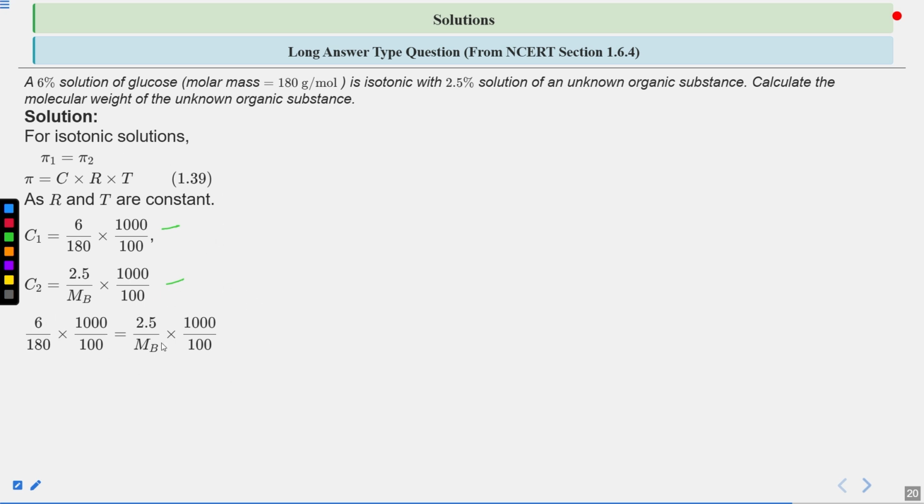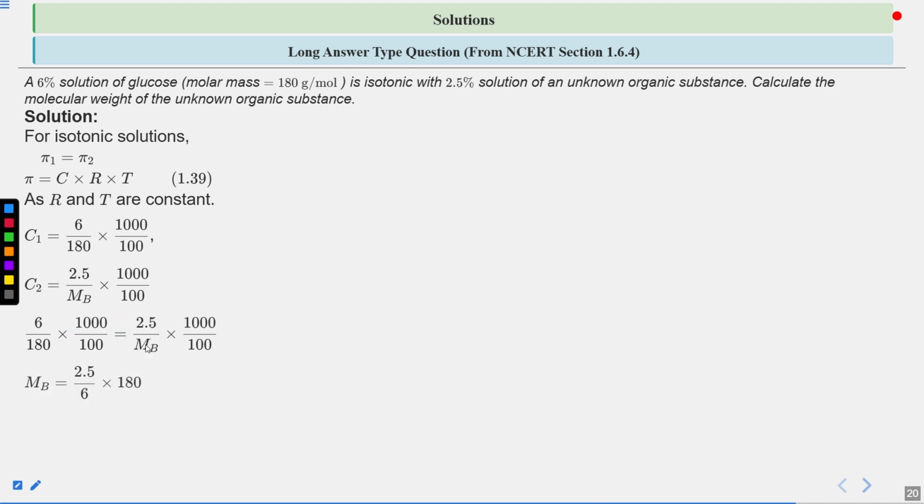When you put these quantities equal, the term 1000 by 100 on both sides, which we use for the solution unit conversion, just cancels out. The remaining will be 6 by 180 equals 2.5 by MB, that is the molar mass, or molecular weight, of B, the unknown organic substance.